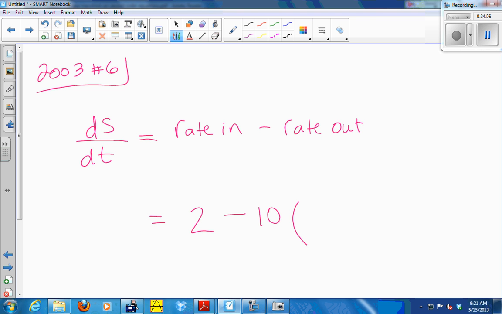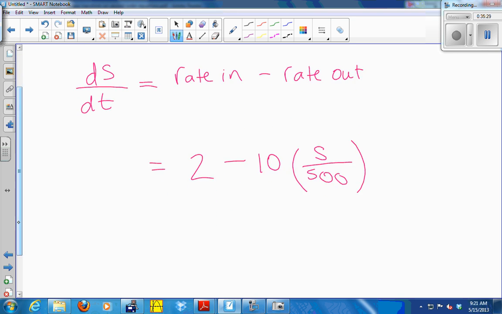So the amount of syrup over the total gallons in the tank, which is 500, because they said it's 460 gallons of milk and 40 gallons of chocolate syrup, so it's a 500-gallon tank. So 10 gallons per minute of the chocolate milk is leaving, and this is the percentage of the chocolate milk that is syrup. So you can figure out how much exactly syrup is leaving in gallons per minute. So this is ds dt.